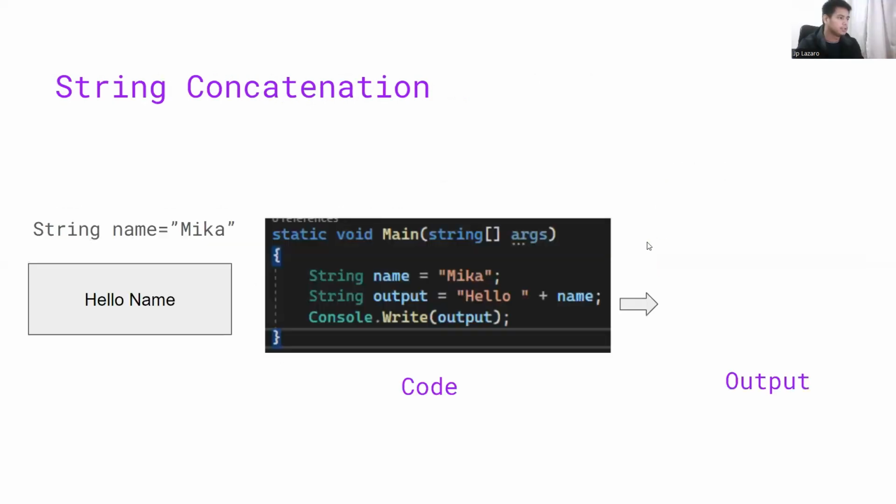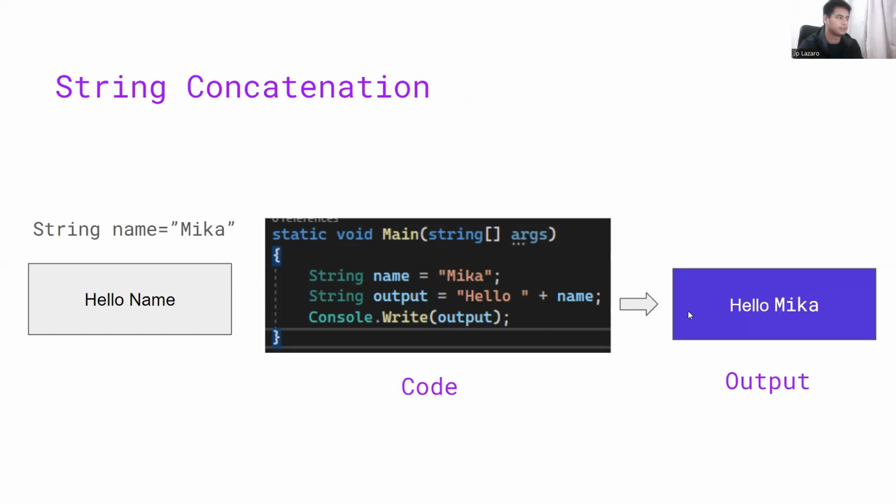Okay, for this one, we can just easily use string concatenation, and then you will see the output. So the code will be, I created a string called name, which has a value of Mika, and then I just concatenated it using the plus sign and then the variable name.